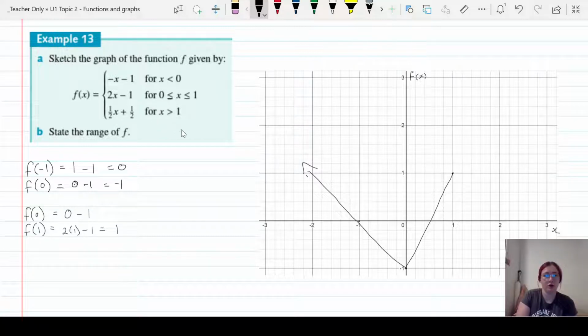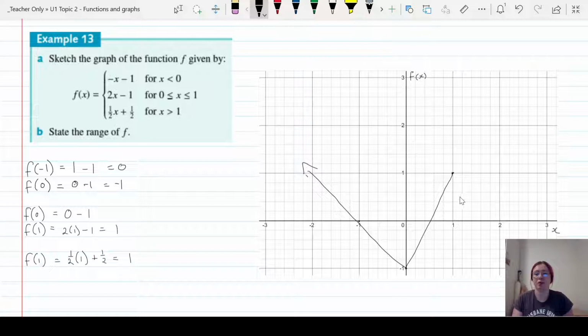And our third one, when x is bigger than 1, again we're going to check where it is if it were equal to 1. You can think of it as 1.000000001, but we're just going to pretend it's 1. That is going to be half times 1 plus a half. Half times 1 is a half, so that's going to give us 1. So good, that's in the same spot. Again, it's going to join up.